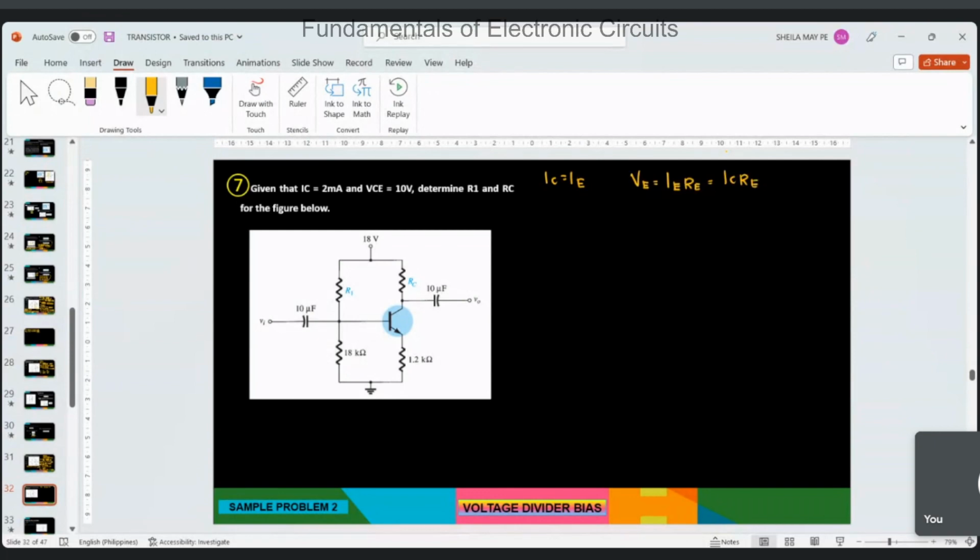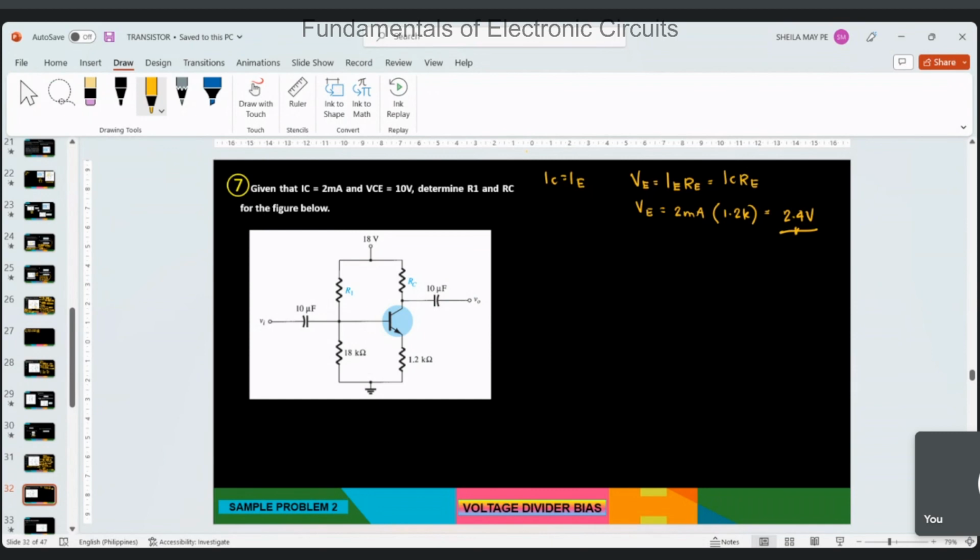So therefore, VE would be 2 milliamperes multiplied by our RE. That's 1.2K. So that's 2.4 volts. Nakakuha na tag 2.4 volts nga VE.